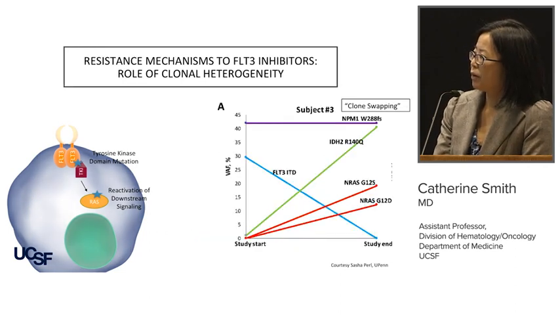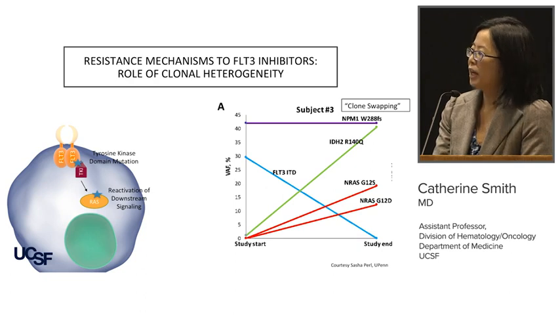In a second pattern of resistance, we noted that there were some patients who lost their oncogenic FLT3 mutation, so they lost the FLT3 ITD mutation, and instead had emergence of an NRAS mutation that perhaps represented a non-FLT3 driven AML blast population that was selected for on the drug.